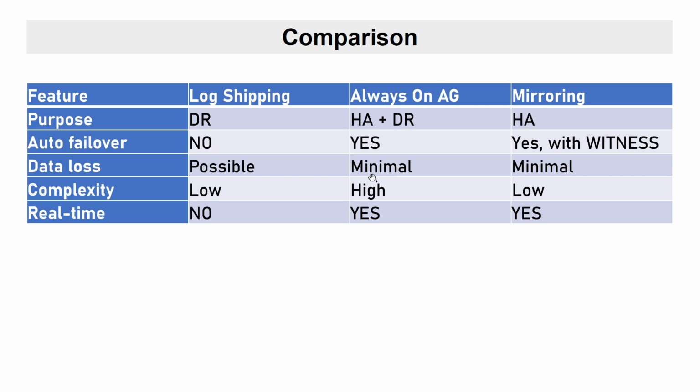In AlwaysOn AG it is minimal, as well as minimal in mirroring. Complexity: low for log shipping. AlwaysOn is the only solution which is highly complicated to set up. Mirroring is also low complexity. Real time: no for log shipping. And AlwaysOn AG and mirroring are real time if you configure them in sync mode.